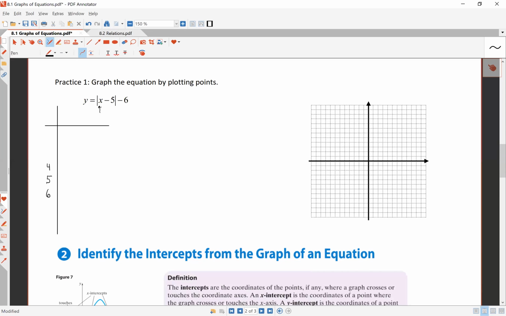This is a practice problem for you to try, so I urge you to press pause on your video and work this out to the best of your ability and come back and press play when you want to see the solution.